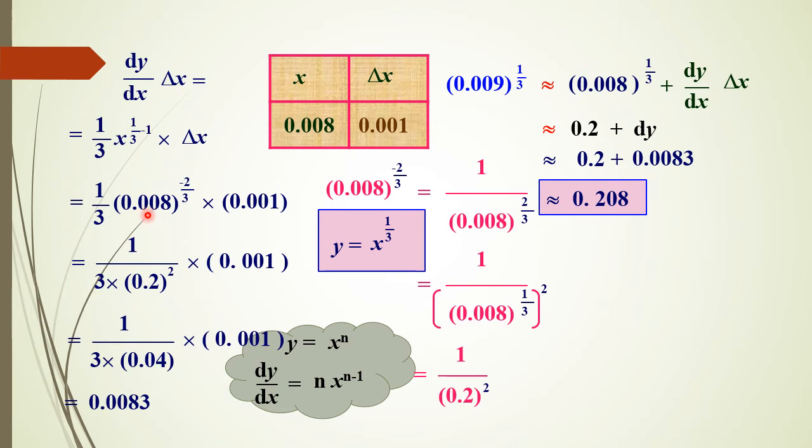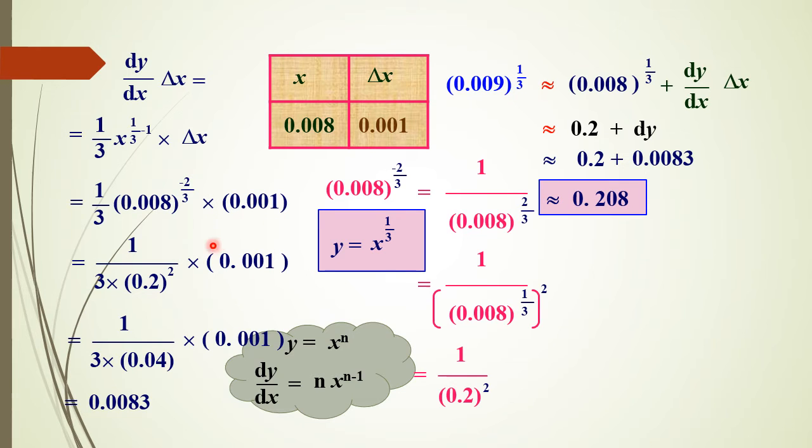Now 0.008 to the power minus 2 by 3, after taking it to the denominator side, it will be plus. 0.008 can be written as 0.2 whole to the cube, that whole to 2 divided by 3. So 3 and 3 get cancelled, just 0.2 whole to 2 will remain. Then delta x, the value of delta x, is 0.001.